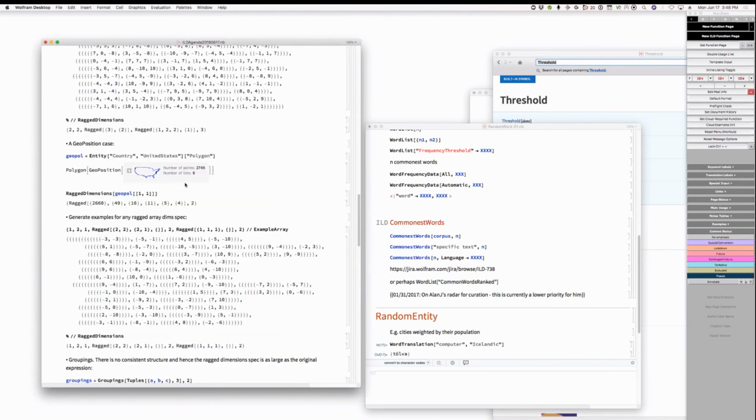I mean, it's a list of lengths. No, a list of dimensions. Exactly. So go ahead. Sorry. So we would have an extension of the dim spec. So dim_spec is now a list of numbers, and now it will be a list of numbers or ragged objects.